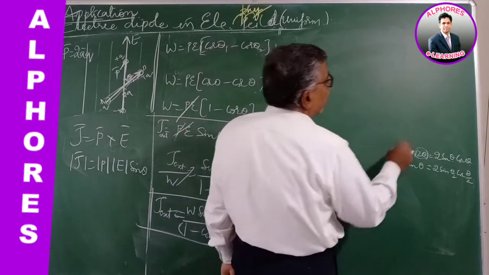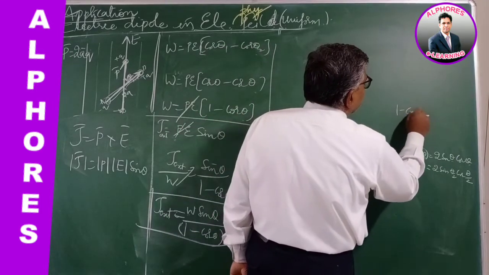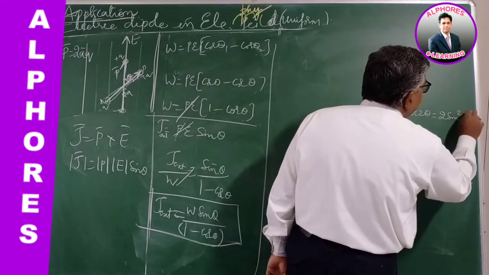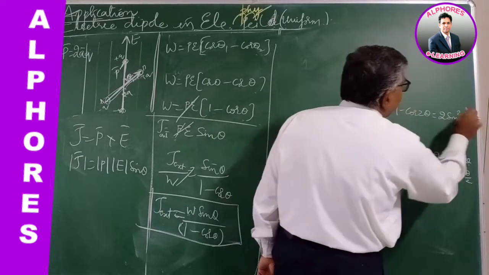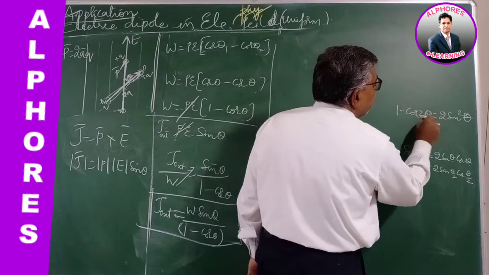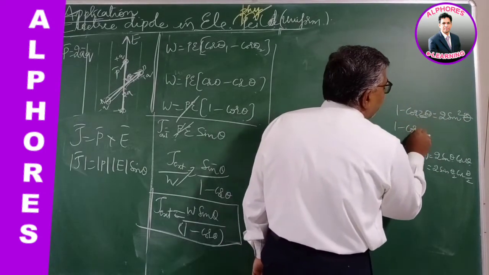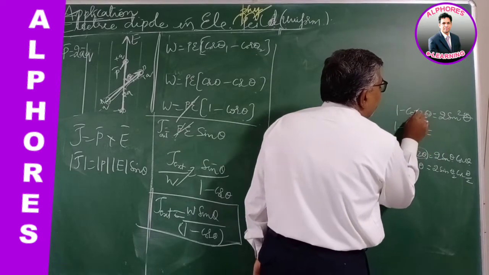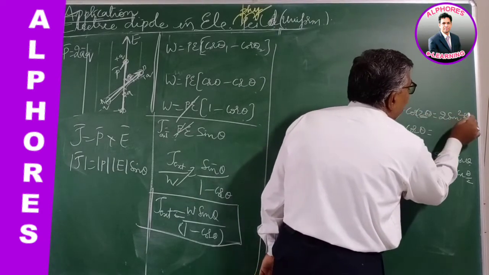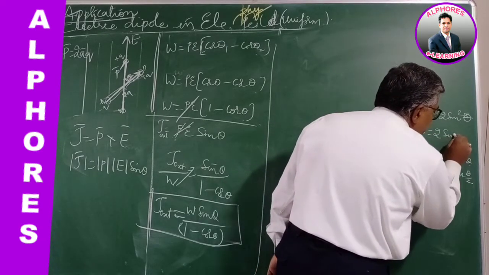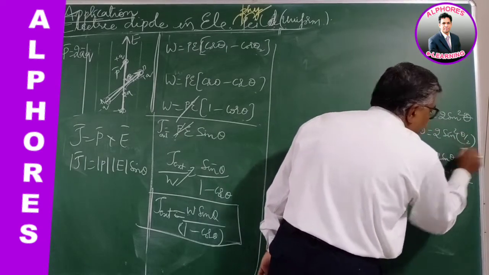Similarly, 1 minus cos 2 theta is 2 sin square theta. When the angle here itself is theta, you take half of it, so 1 minus cos theta is 2 sin square theta by 2.